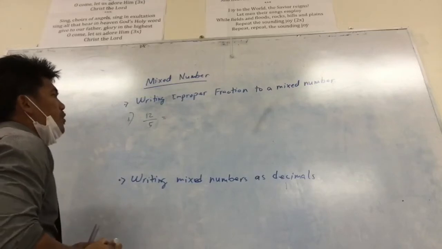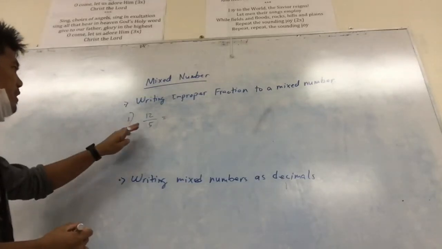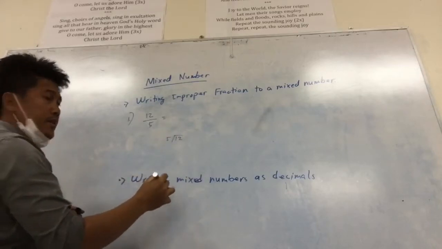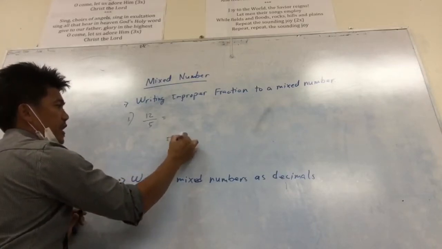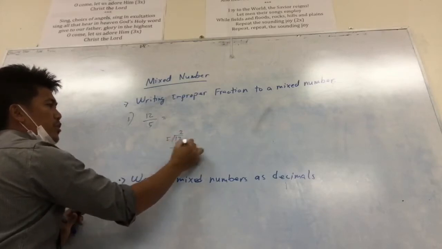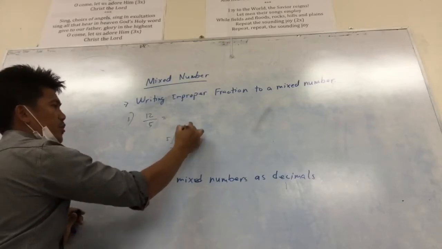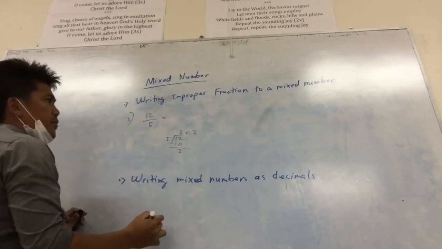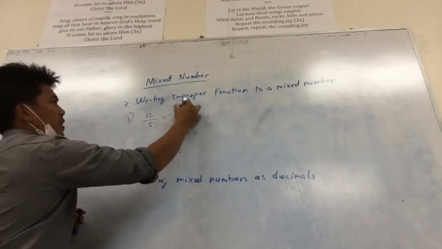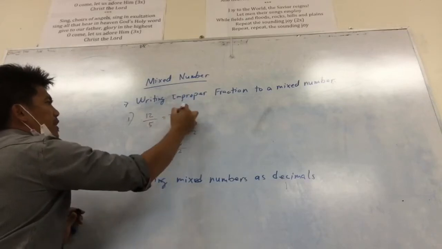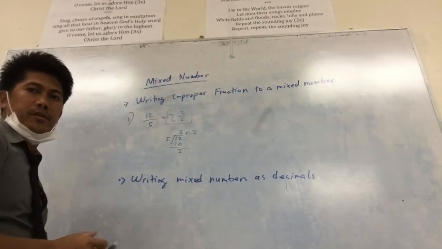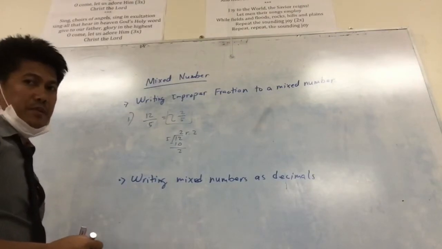You can just divide 12 by 5. 5 times 2 is 10, right? Then subtract, and the remainder is 2. So the 2 here is your whole number. The remainder is the numerator, and copy 5 there. So you have the mixed number.